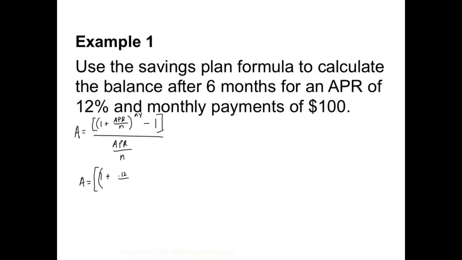So if I'm making monthly payments, how many payment periods am I making in a year? In the chat. Good, 12. So 0.12 over 12.